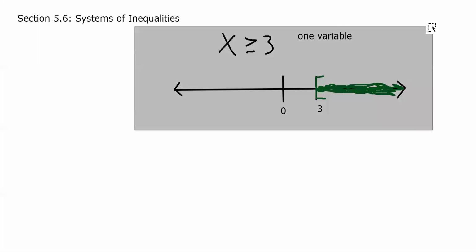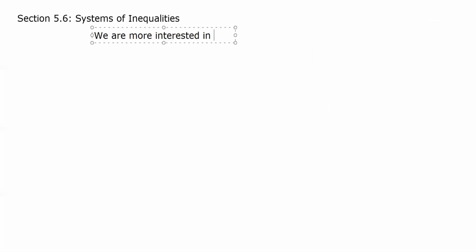Well, one variable is just not all that interesting. It's not the most interesting thing we can do. Instead, we might be a lot more interested in doing two variables, something involving both x and y.